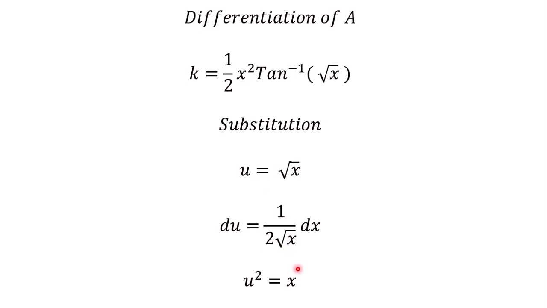So what is going to replace that? We know that x is equal to u squared. So wherever we see x raised to the power 2, we're going to put this one there. Okay, so now that we know what is replacing this and that, let's replace them and then let's continue.